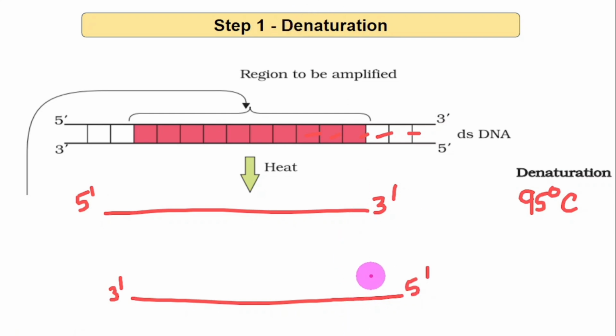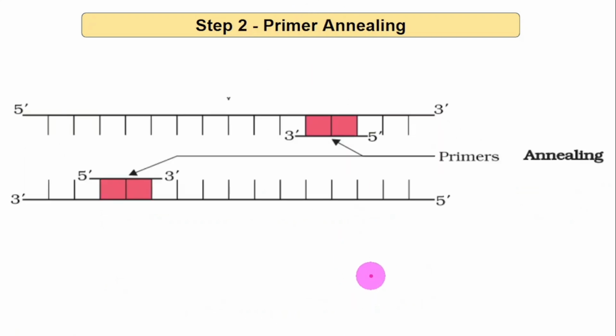Now that they have separated, the next step will be primer annealing. The primer which is complementary to the sequence of our gene of interest will anneal. This base pairing of the primer with the target sequence of the gene of interest is called annealing.